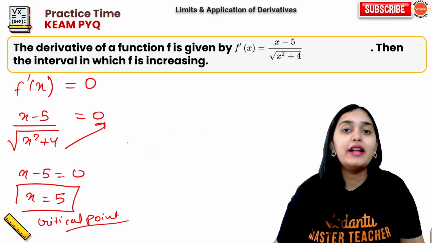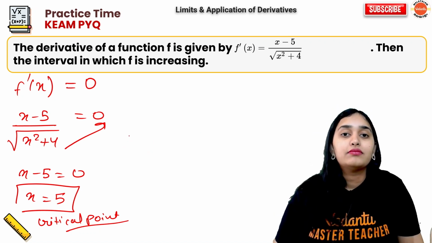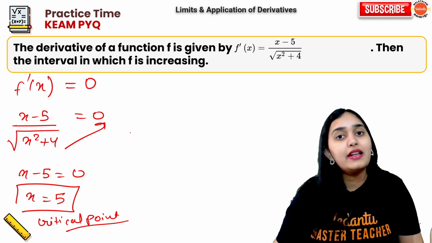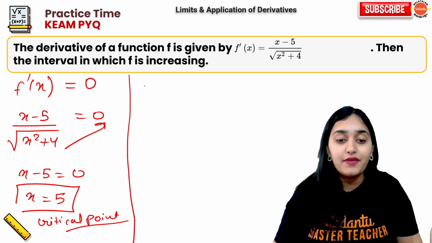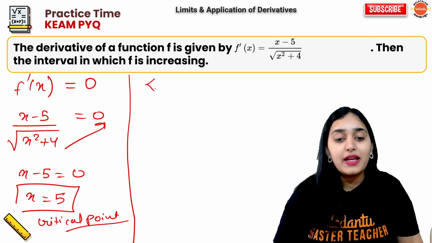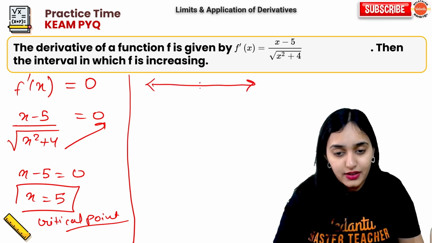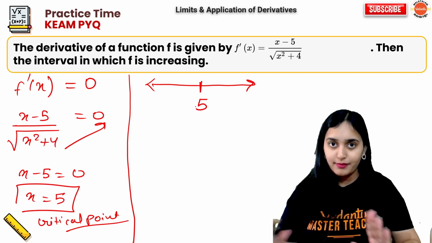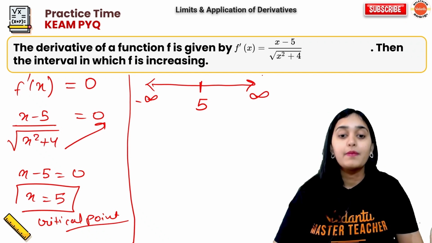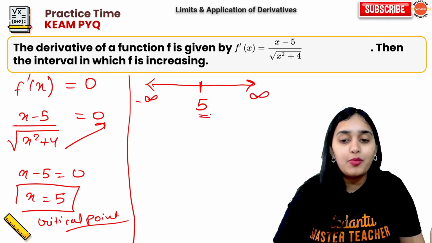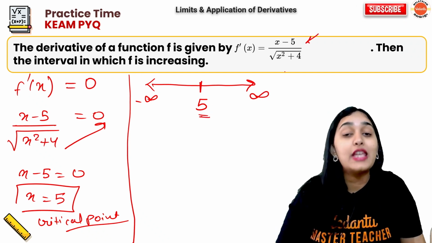Now at this point I have to determine whether it is an increasing or decreasing function. So how you do that? Basically we will draw our number line, from minus infinity to 5 and to infinity. Now you have your critical point, you have your function, check.